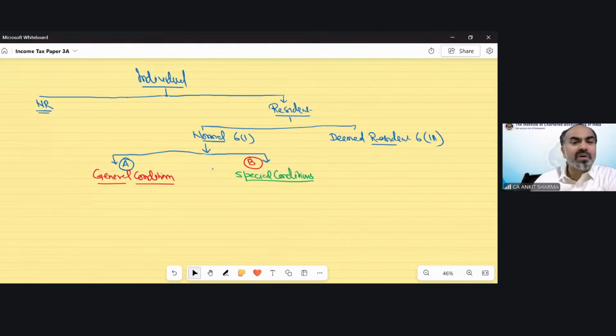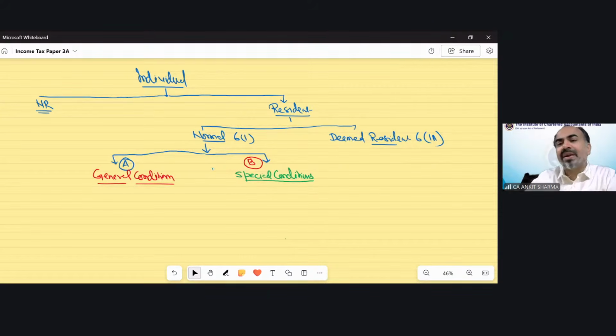Because if you fall in general condition case, you have to check yourself whether you are a resident or not as per general conditions category. And if you fall in special condition circumstances, then the condition of checking residential status would be different. So before solving a question, find out whether you are in the general condition category or special condition category.